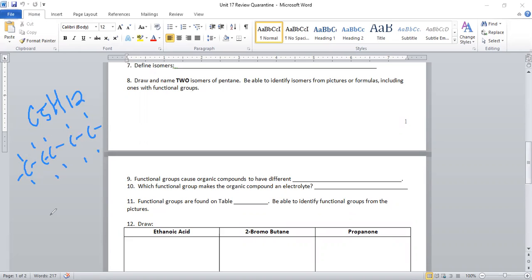Some of you guys were doing your chains like this, 1, 2, 3, 4, 5. I never taught you how to do that, so don't have your answers looking like that, because then I know you looked them up on the internet. So please draw them with the C's connected with the bonds. Anyhow, so isomers of pentane, you would take a carbon and you move it to the center. So instead of 5 in a row, you'll have 4 in a row, for example.